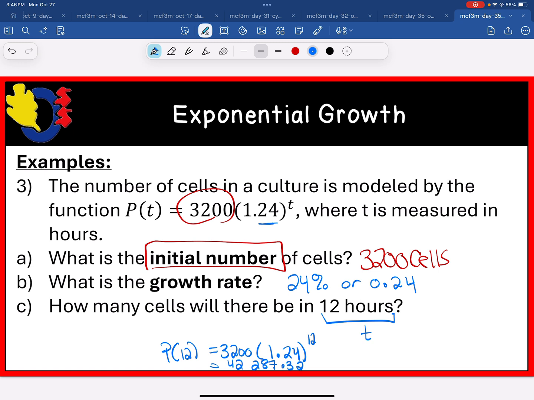So again, we're going to round down because that last cell hasn't quite fully developed yet. So therefore, in 12 hours, there will be 42,287 cells.